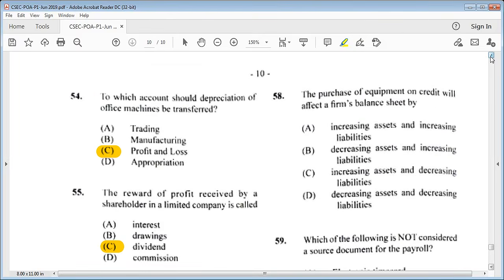The purchase of equipment on credit will affect a firm's balance sheet by A, increasing assets and increasing liabilities, B, decreasing assets and increasing liabilities, C, increasing assets and decreasing liabilities, or D, decreasing assets and decreasing liabilities. So we know it is A, purchase of equipment, increasing the assets and increasing liabilities, A.